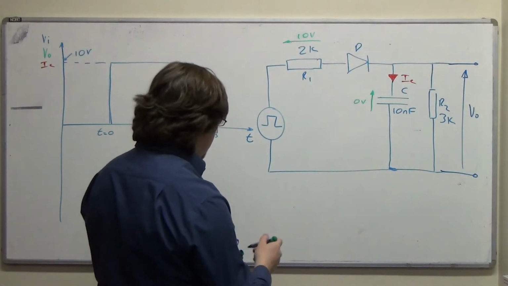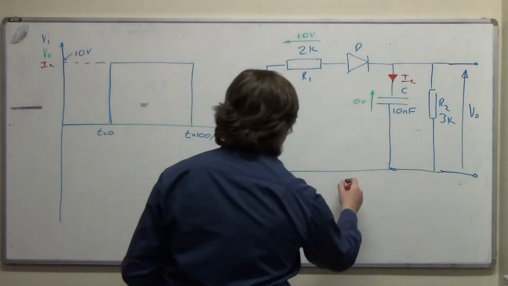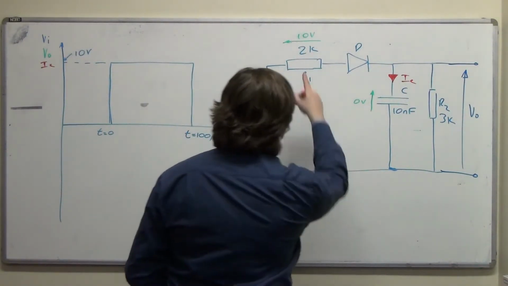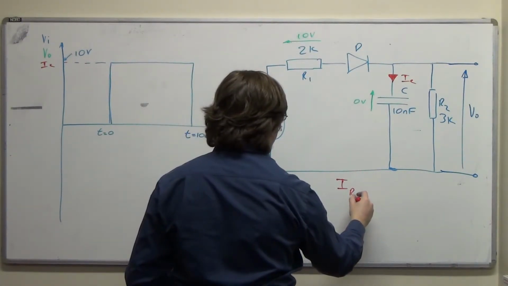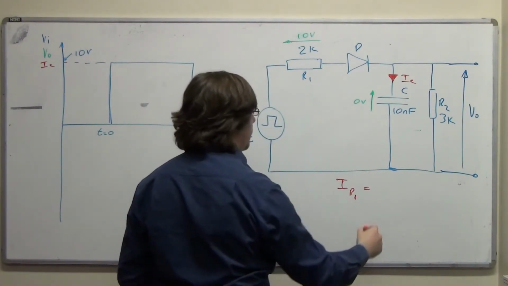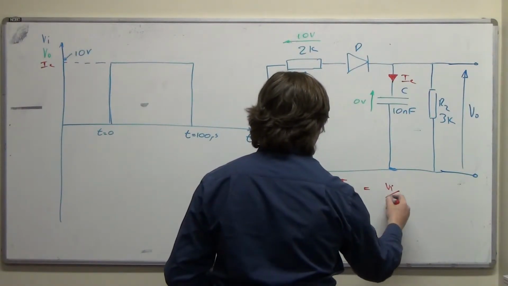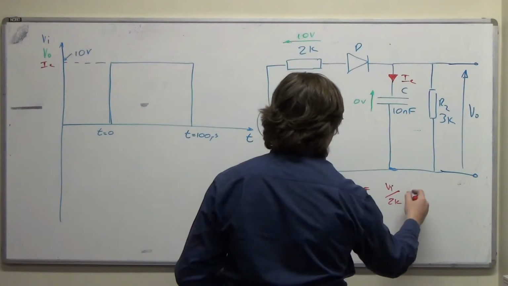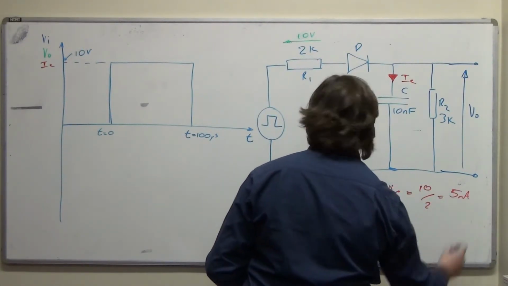So as soon as the pulse comes into the circuit, I in the resistor, IR1, will be VI divided by 2K, which is 10 over 2K, which is 5 milliamps.